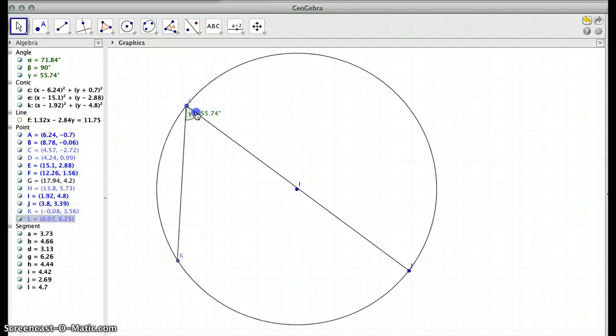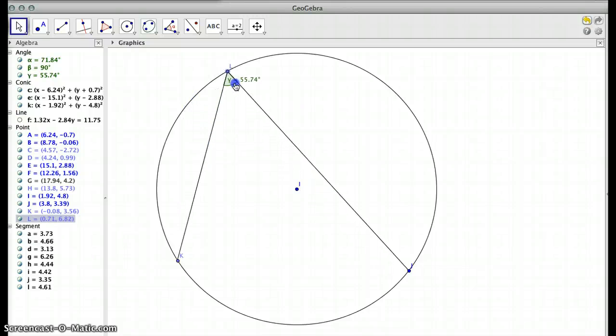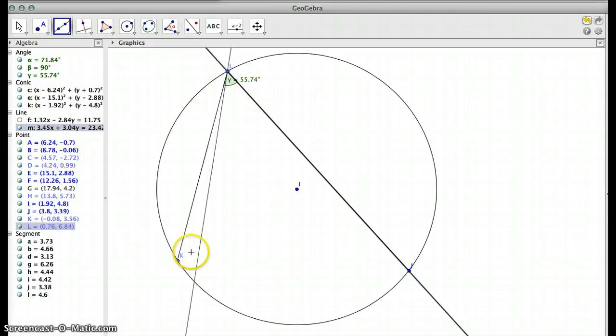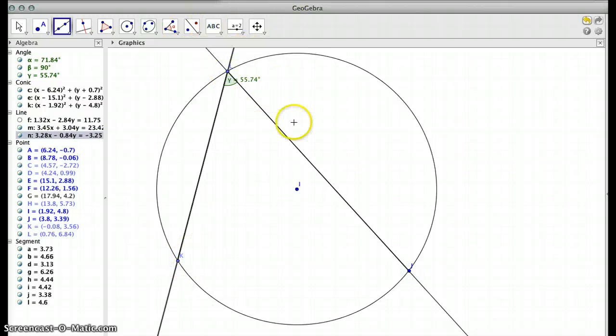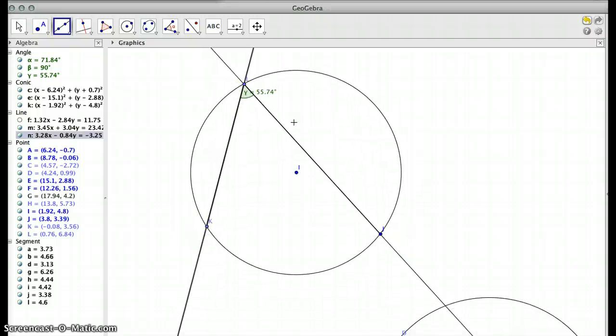If you look at how the angle is intercepting the circle, it's intercepting the circle at the points K and J. And if we extend these lines, this one and this one, we can see how it's intercepting the circle, and it forms this arc right here.